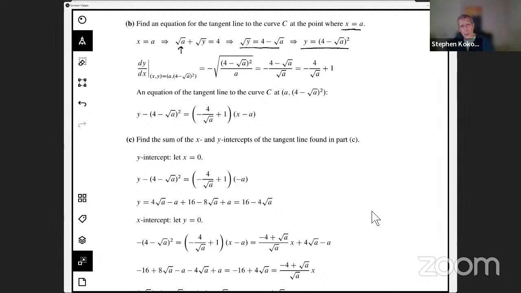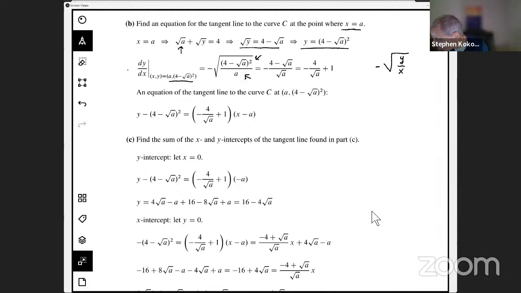I'm going to leave it that way for now. I've got to find the slope of the tangent line at that point. So I evaluate y prime at this point, (a, (4 minus square root of a) squared). Remember, the slope was minus the square root of y over x. So there's the y value, there's the x value.